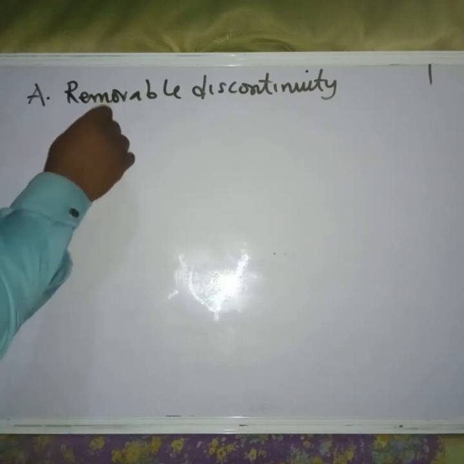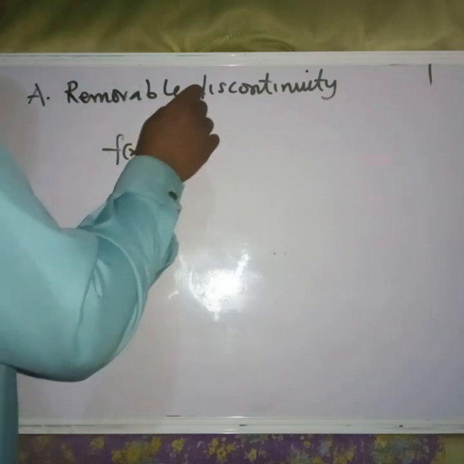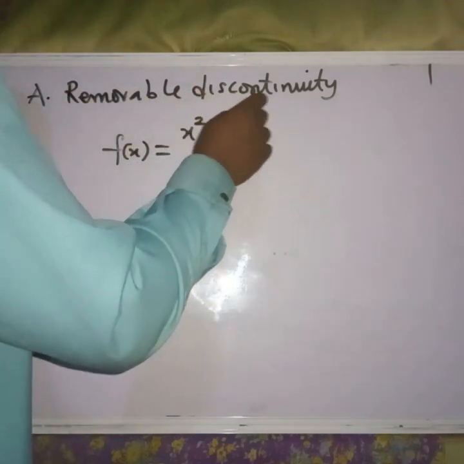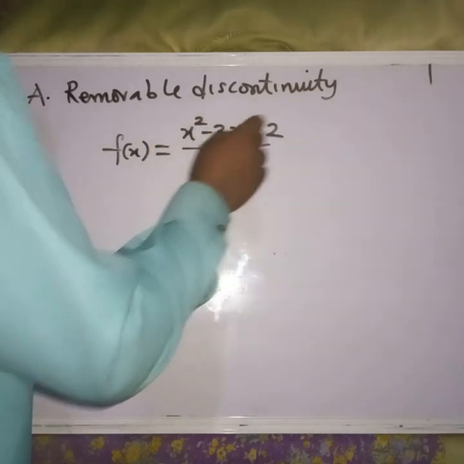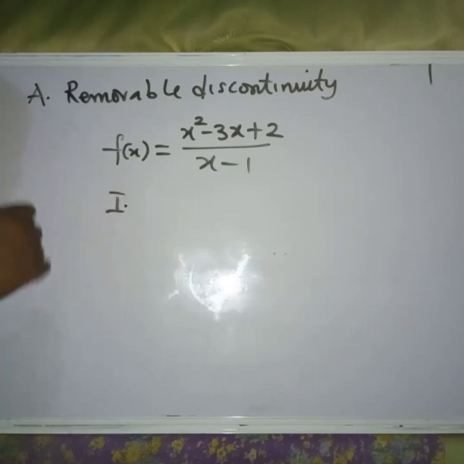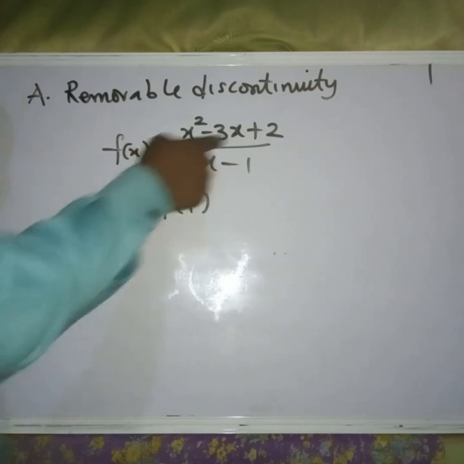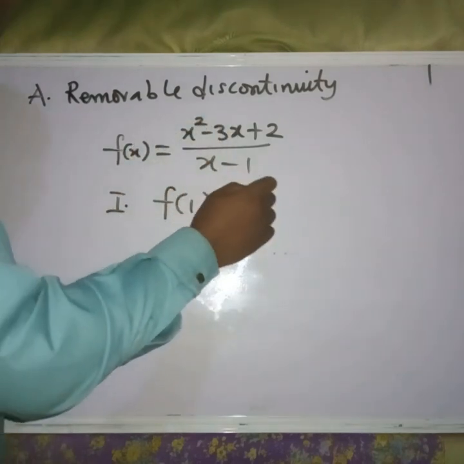An example of this is the function f of x equal to x squared minus 3x plus 2 divided by x minus 1. In this function, we see that f of 1 is not defined.